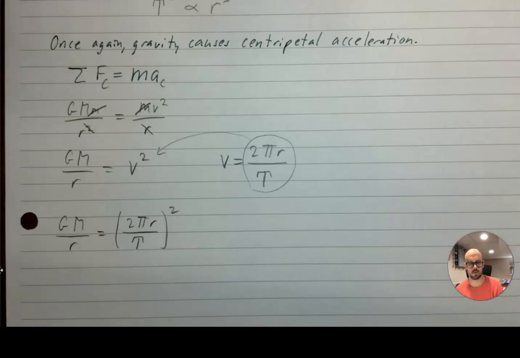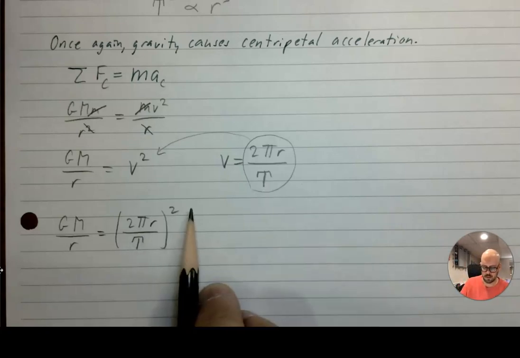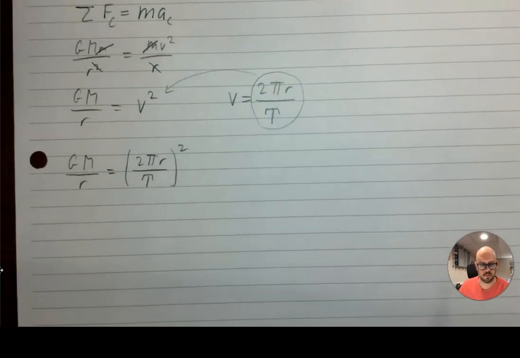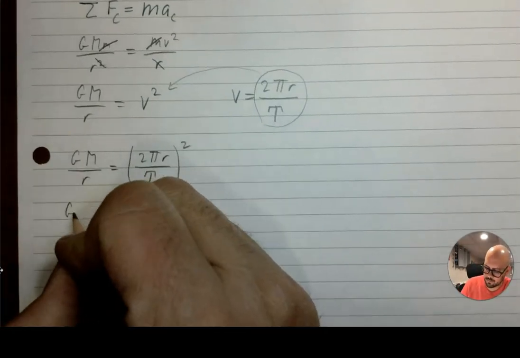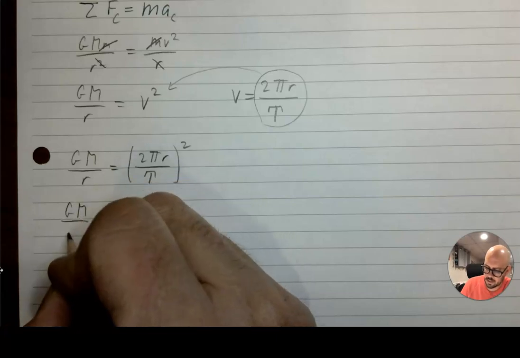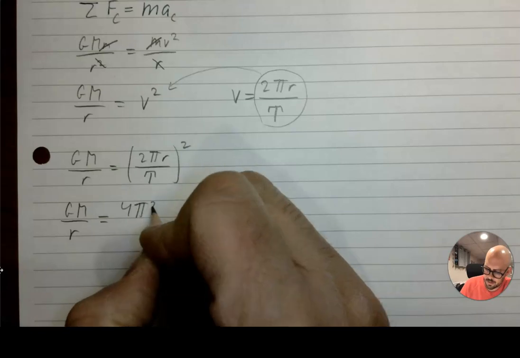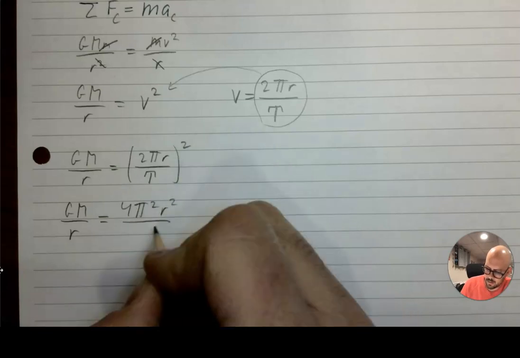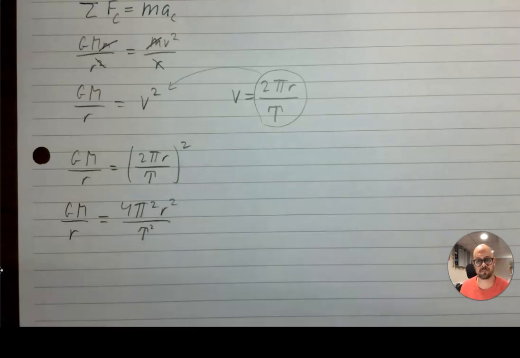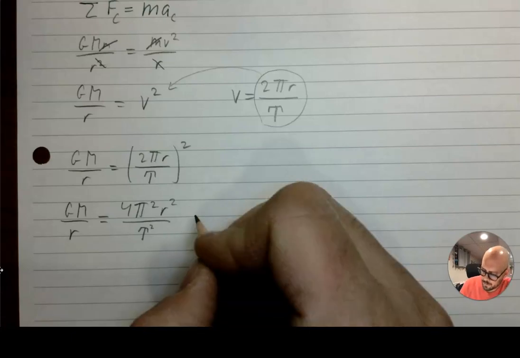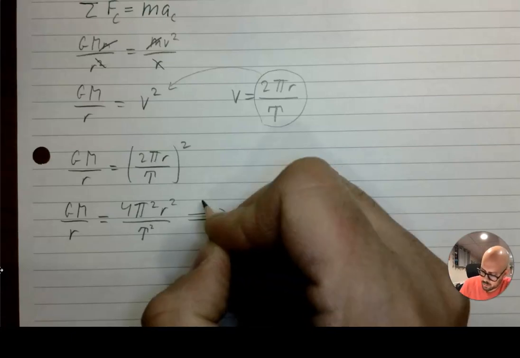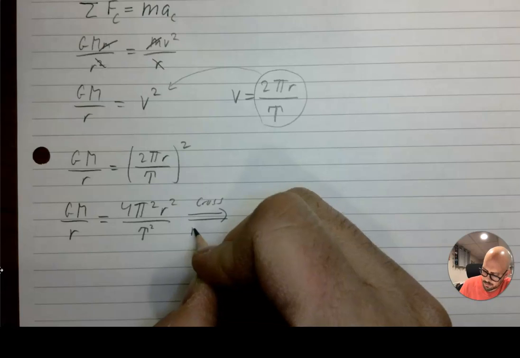So I put in the equation for speed, and I square it. It kind of blows up the right side, but then things can get organized. So GM over r on the left-hand side, and then 4 pi squared r squared over tau squared. Again, our goal is to make this relationship between tau and r, so we are going to cross multiply.